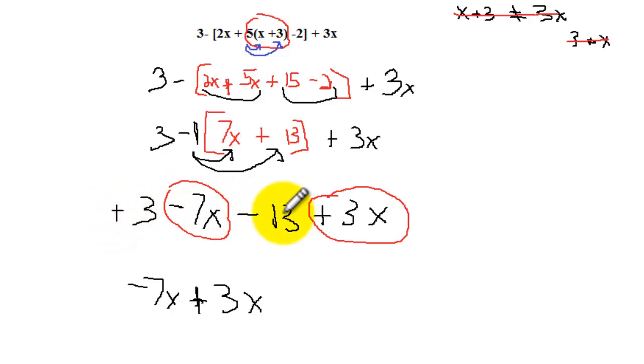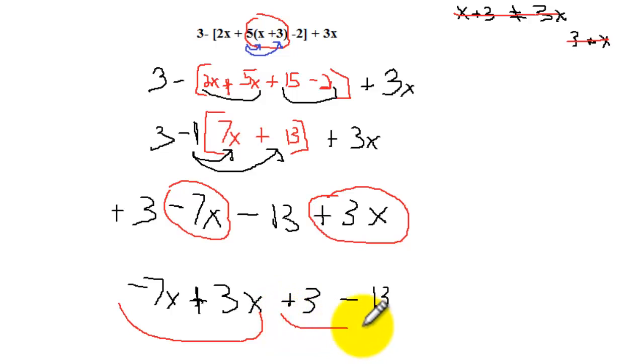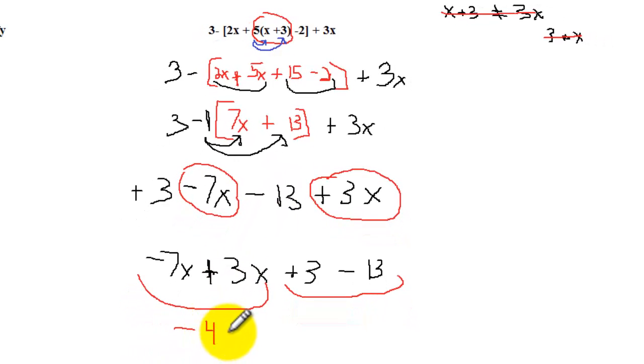And this is a minus 13, so we do plus 3 minus 13. And I just rearranged it so you can see now that we have these terms that we can combine and these terms we can combine. So minus 7 plus 3 is a minus 4x, and a plus 3 minus a 13 is a minus 10.